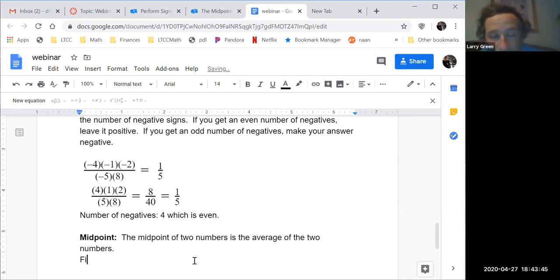So if I say find the midpoint of, let's say, -4 and -1, what's wrong with just saying, well, that's going to be -4 plus -1 and divide by 2?